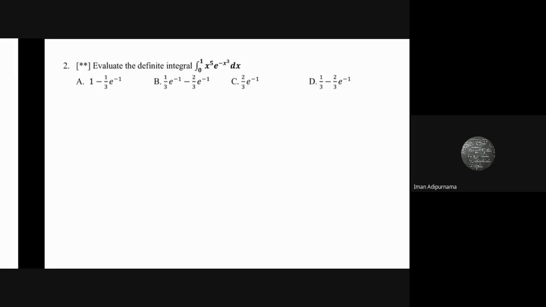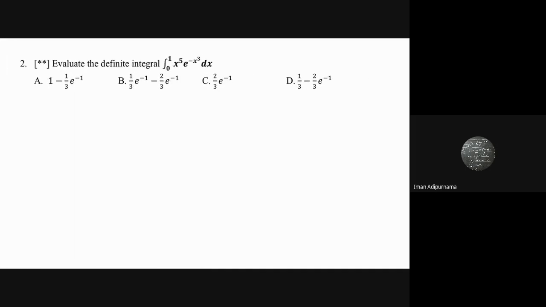You can try to solve first. I give you maybe a few minutes, 2 or 3 minutes, to solve this.